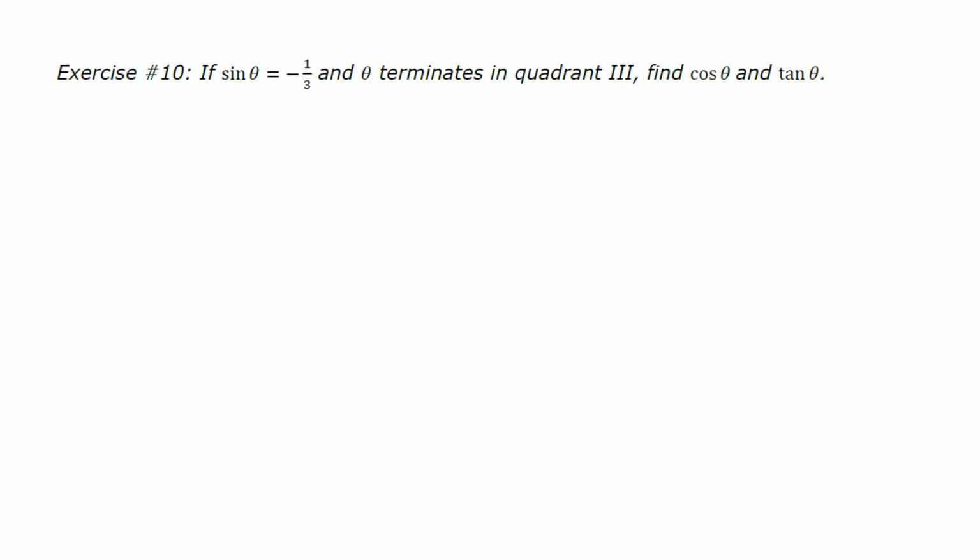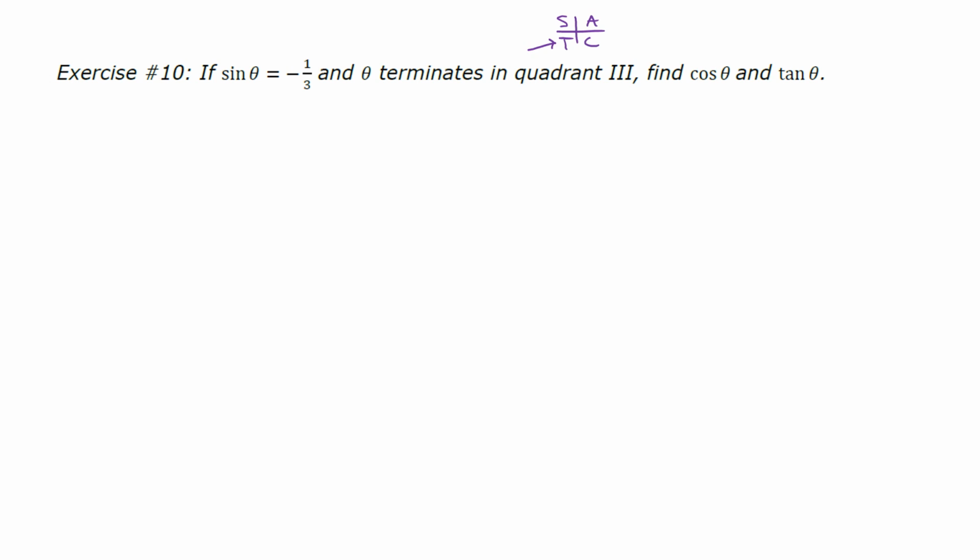In our exercise here, it states that if sine theta equals -1/3 and theta terminates in quadrant 3, we are asked to find cosine theta and tan theta. Well, we know theta terminates in quadrant 3. So if we use our acronym, All Students Take Calculus, in quadrant 3, only tangent is positive.